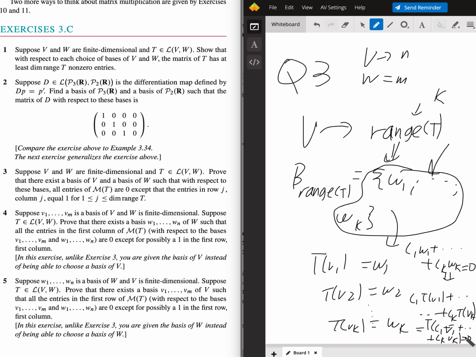Yeah, so then the linear transformation of this is 0. Oh wait, did I do this the other way around? Because I think one of those things is true.